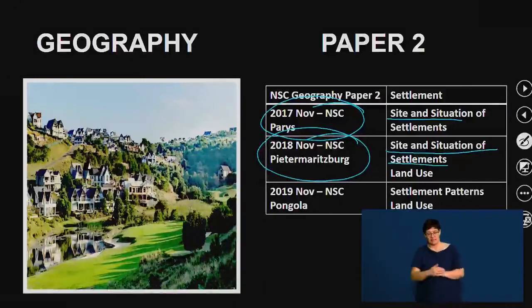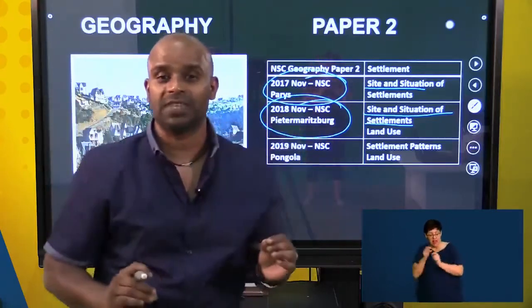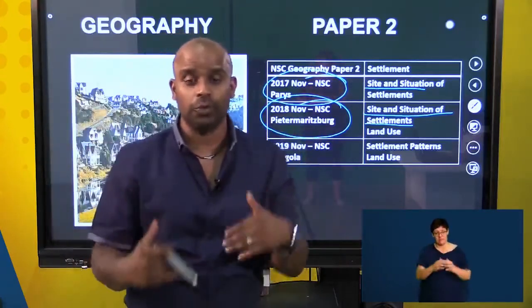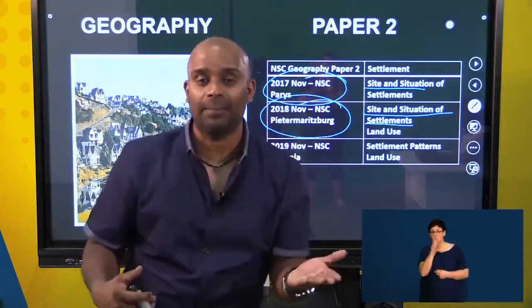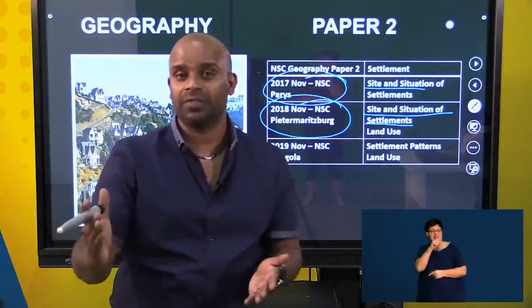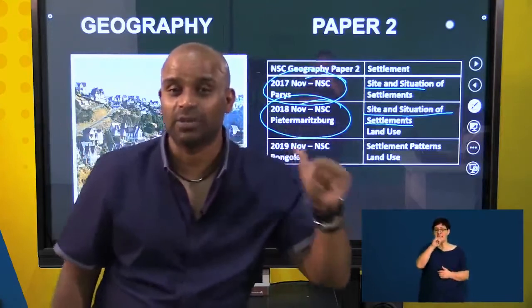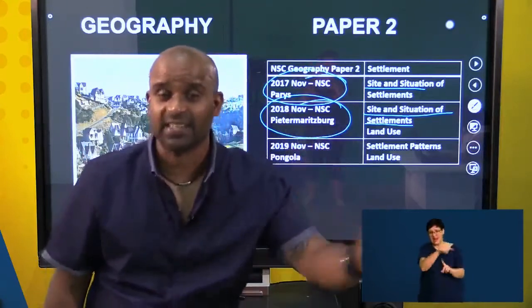Again, trying to look at the factors that determine whether the site factor or the situation factor influences the location of the settlement. What you have to do is look for evidence on the map that would suggest why it is a site factor or a situational factor. Go back to theory, guys. Cite the exact piece of land. Keyword, exact.